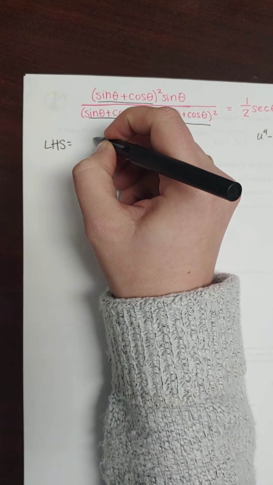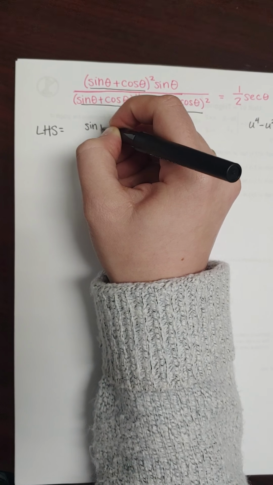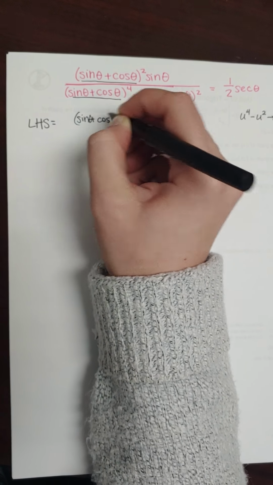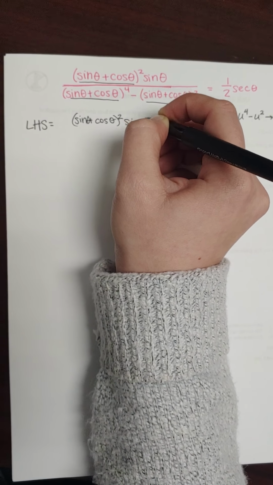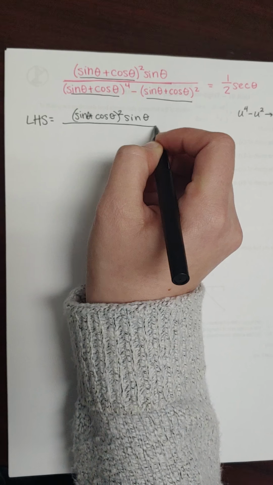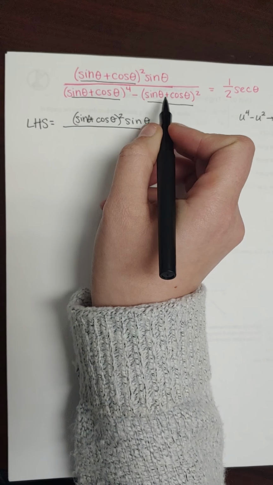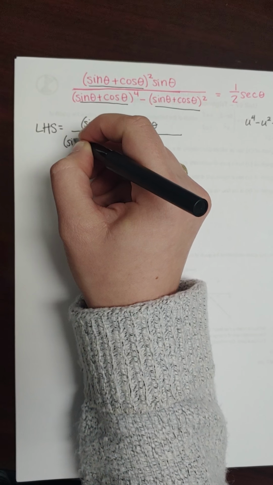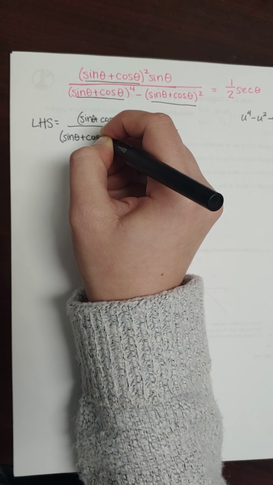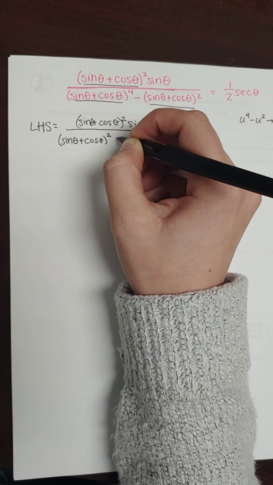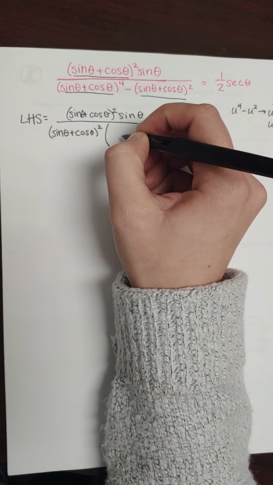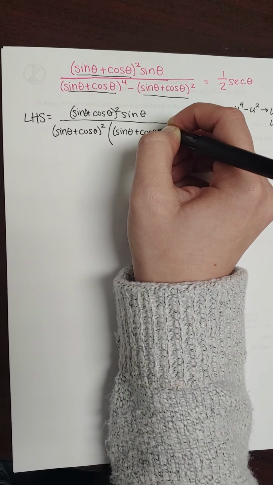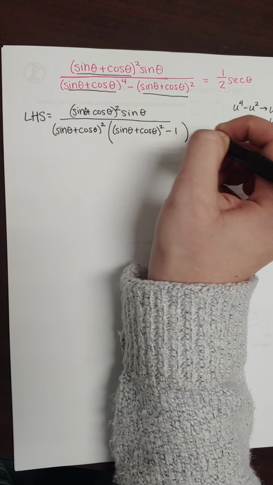So what I'm going to do first is just rewrite the denominator. Everything on the numerator will stay the same. But on the bottom, I'm going to factor out a sine plus cosine quantity squared. So I have sine plus cosine theta squared, multiplied by sine theta plus cosine theta squared minus 1.